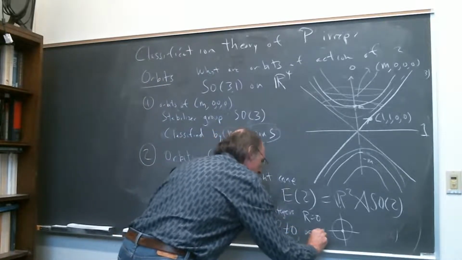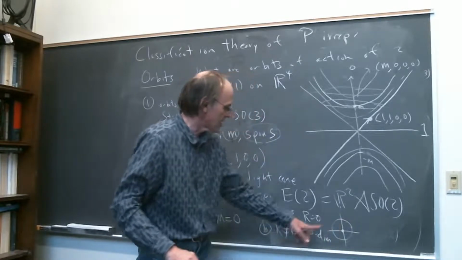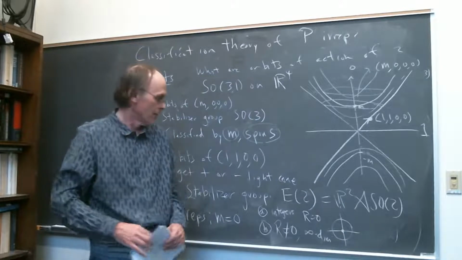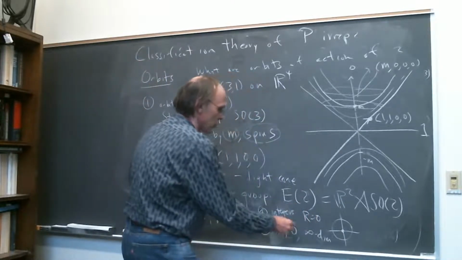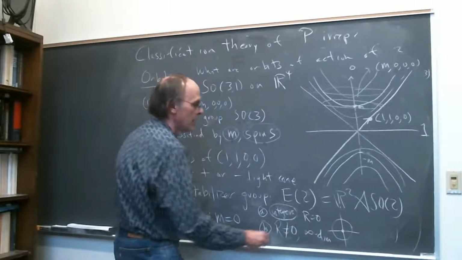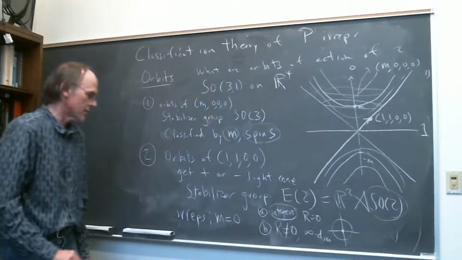And then they're infinite dimensional. So there were infinite dimensional representations of E2, of course, and they really corresponded to kind of functions on the circle. But the finite dimensional ones were the ones that corresponded to 0 radius, and they were just given by a choice of representation of SO2.